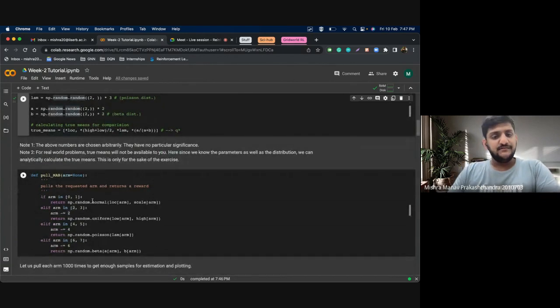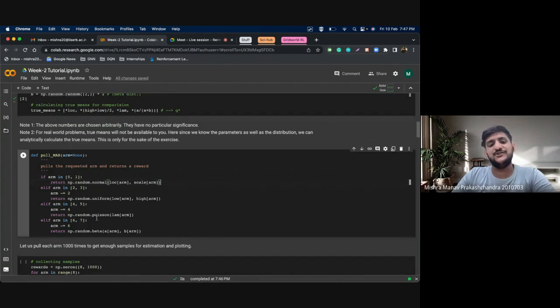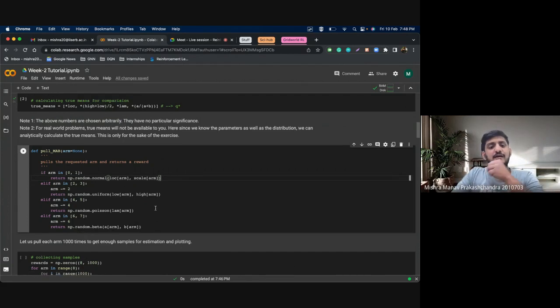If arm is 0, 1, then I sample a reward based on the mu and the sigma. If the arm is 2, 3, I sample from a uniform distribution with the parameters low and high. If arm is from a Poisson distribution, I sample from Poisson with the lambda parameter. And if it's from a beta distribution, I sample from beta distribution with parameters A and B. This is something that we have selected arbitrarily.